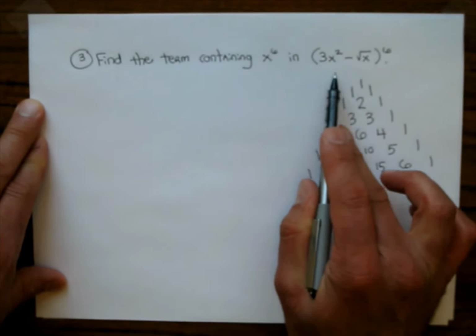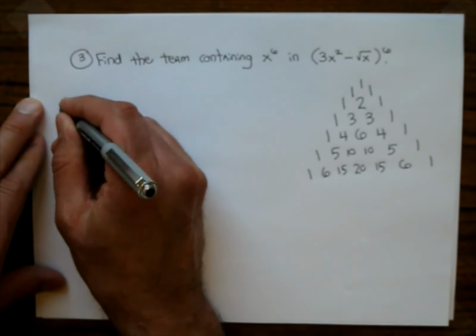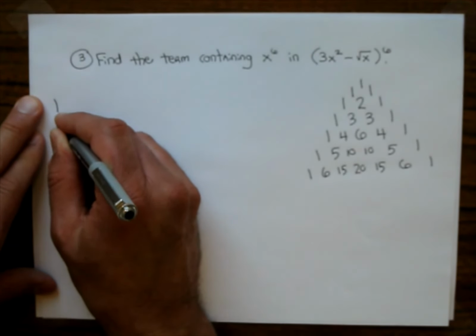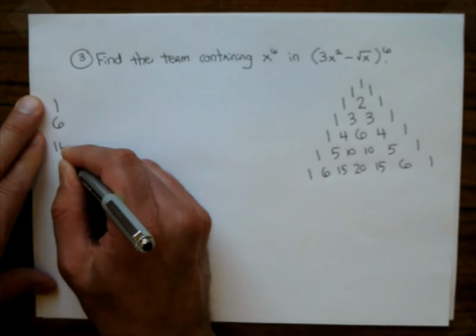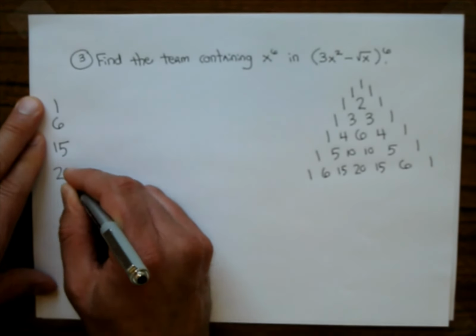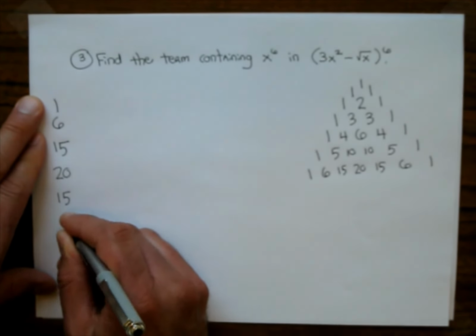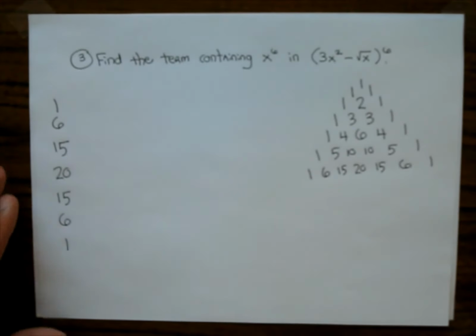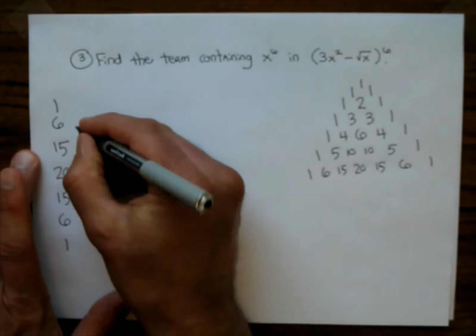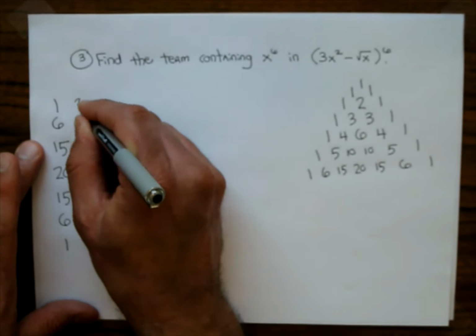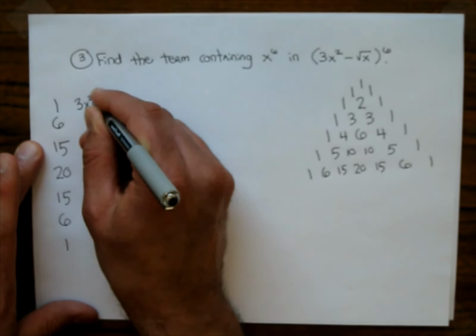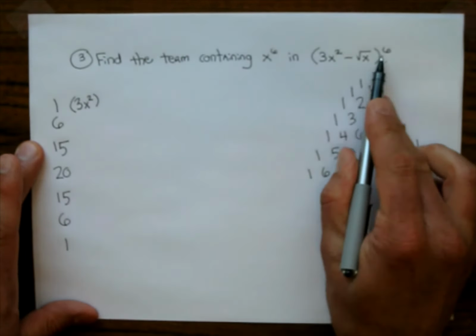You don't have to write all of that out, and that might save you some time. So 1, 6, 15, 20, 15, 6, 1. Okay, first term is 3x squared, fully powered up to the 6th power.